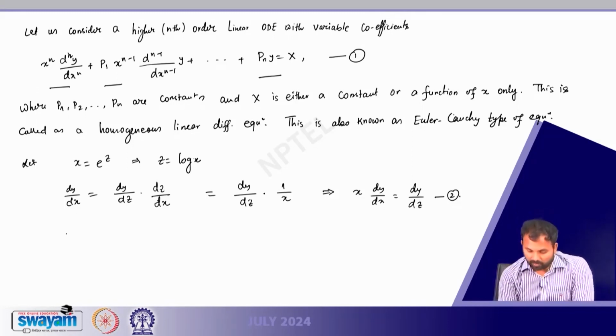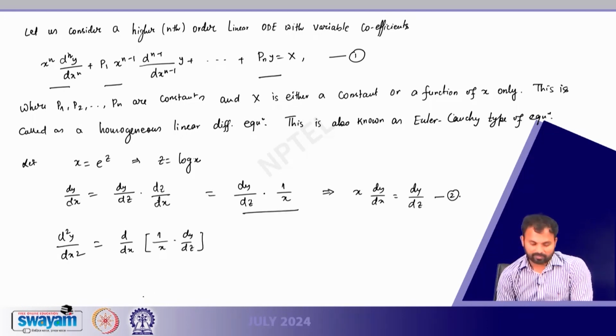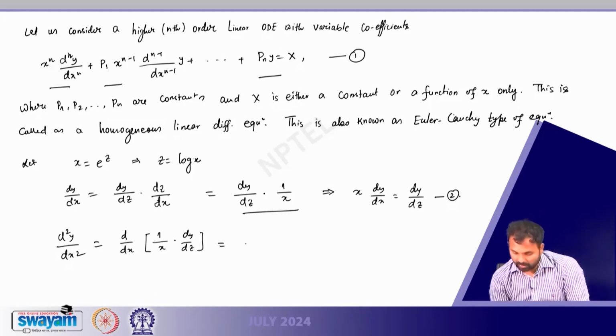Now similarly, what will happen to the second order derivative, d^2y/dx^2? So this will be d/dx of (1/x) dy/dz.